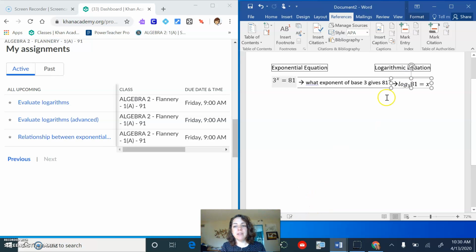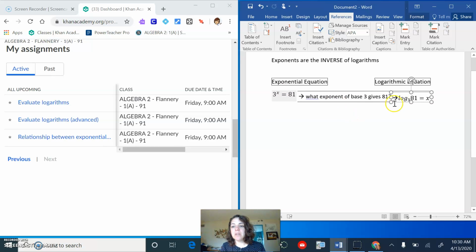This arrow is not a part of it. That's just me saying, look over here. The logarithmic way to look at it is, okay, log with a little number in the bottom, that's my base, of 81 gives me, so equals, what exponent? Okay. So, by the way, 3 to what power gives you 81?